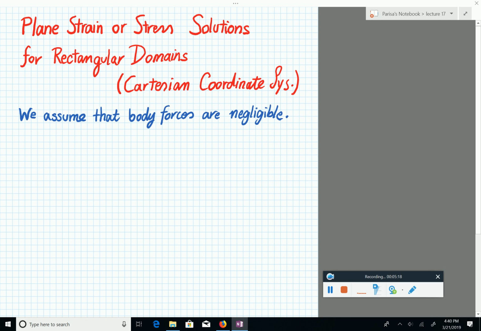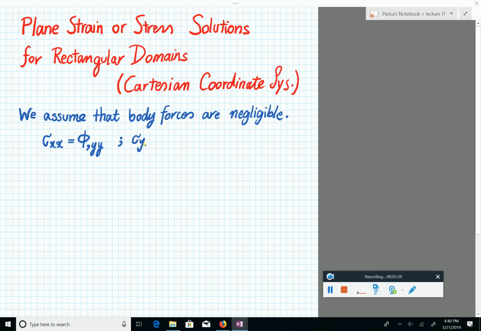It's useful, with that assumption, to write down the relationship between stresses and the Airy stress function quickly. So everything becomes very simple. Sigma xx, we are plane stress or plane strain, so everything is two-dimensional.